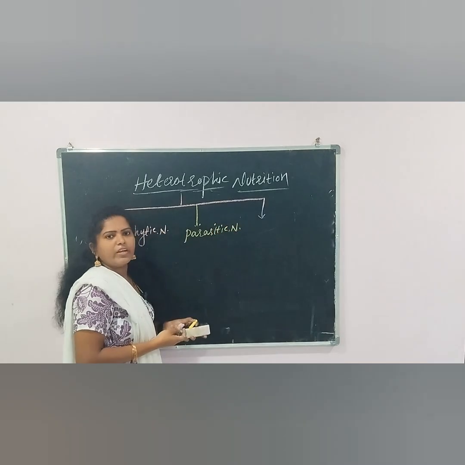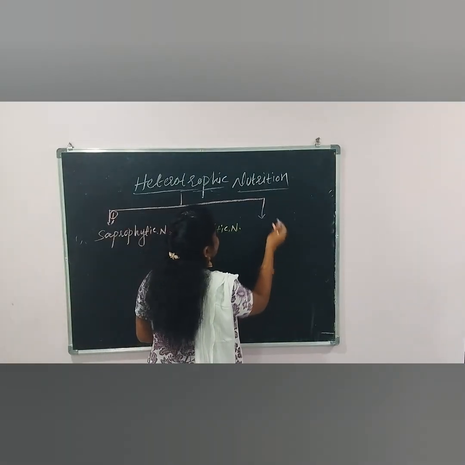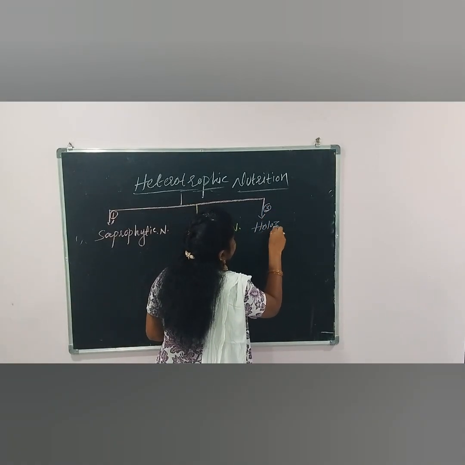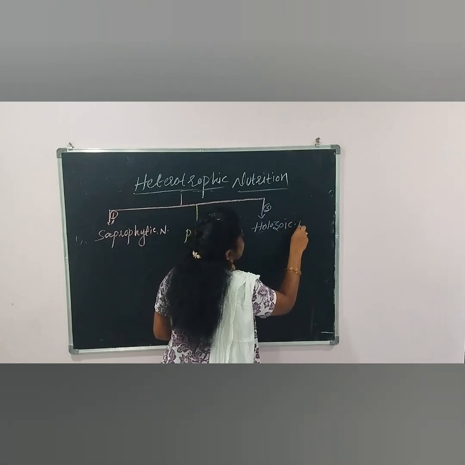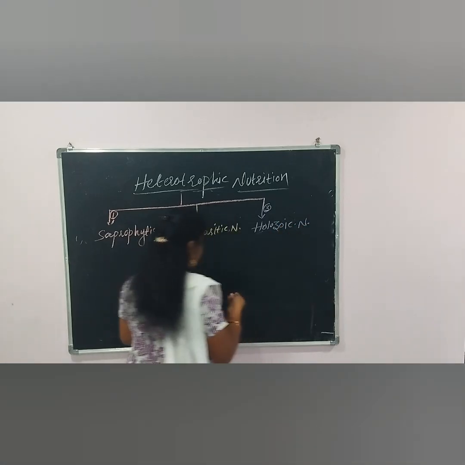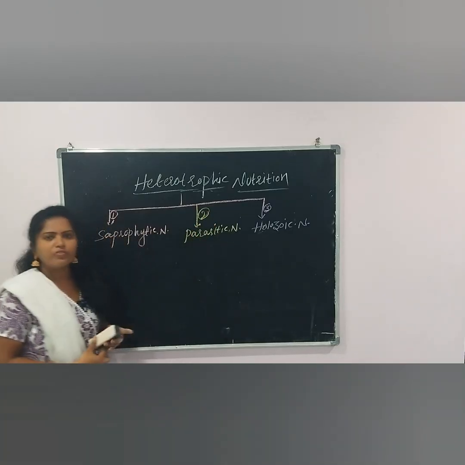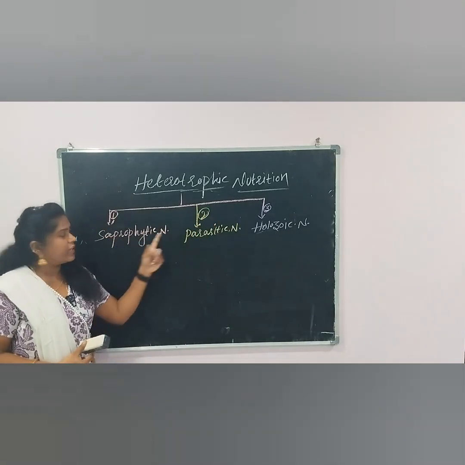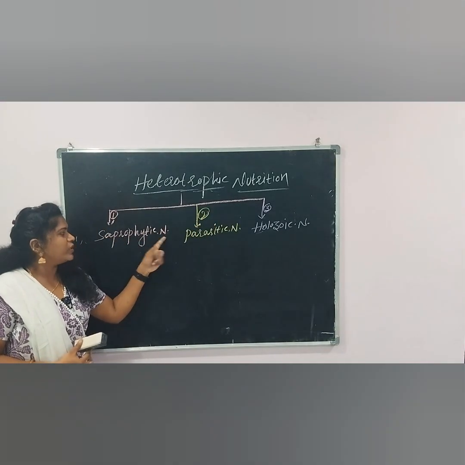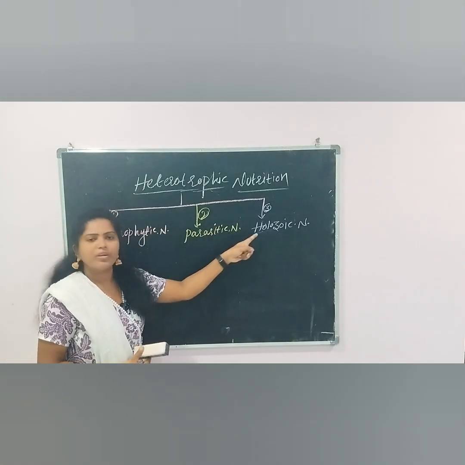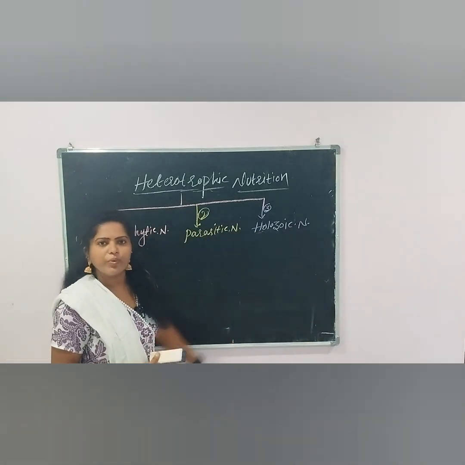And third one is holozoic nutrition. These are the types of heterotrophic nutrition: saprophytic nutrition, parasitic nutrition and holozoic nutrition.